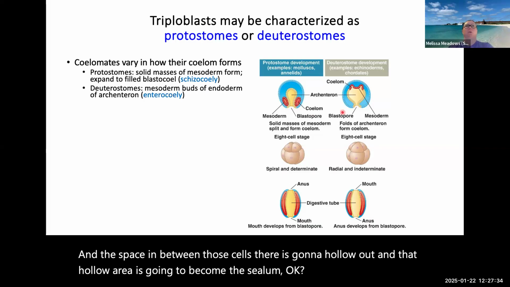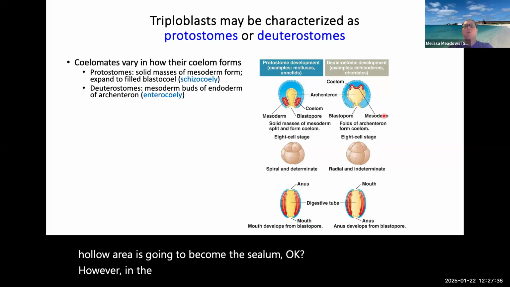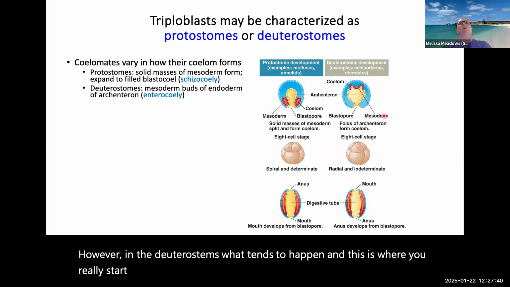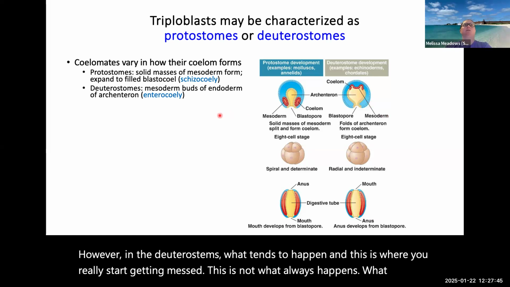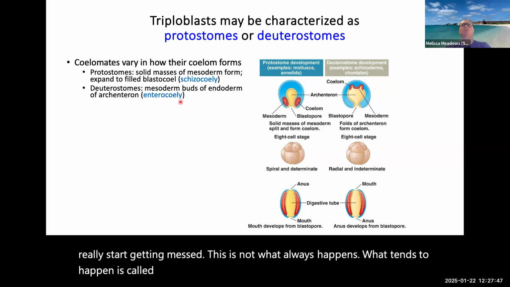However, in the deuterostomes, what tends to happen, and this is where you really start getting messed, this is not what always happens, what tends to happen is called enterocoely.